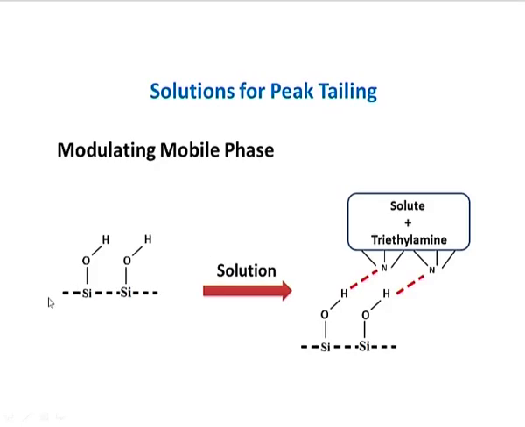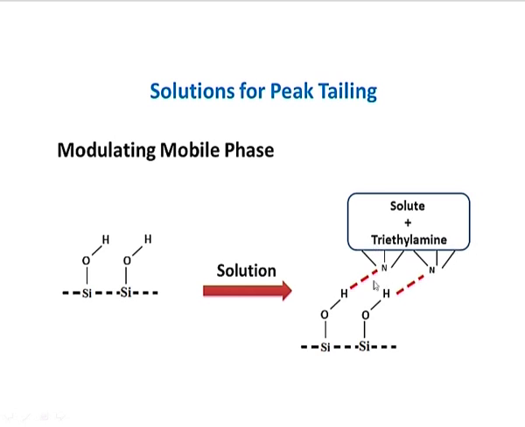Another way of rectifying this peak tailing is to modulate your mobile phase. How can one modulate a mobile phase? Let me explain. In this case, your mobile phase contains the solute, and it also contains, let us say, for example, triethylamine, just 1 or 2% of it.